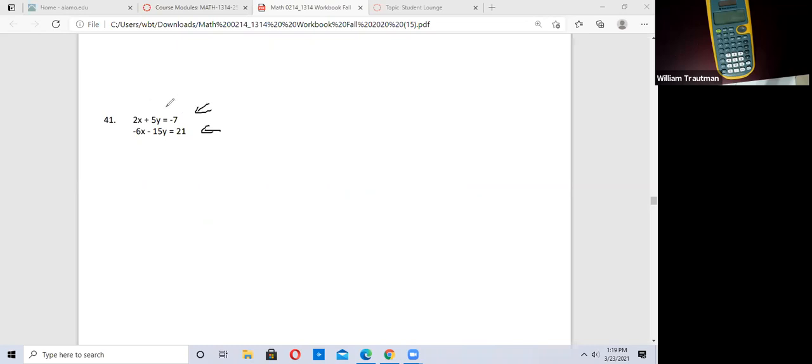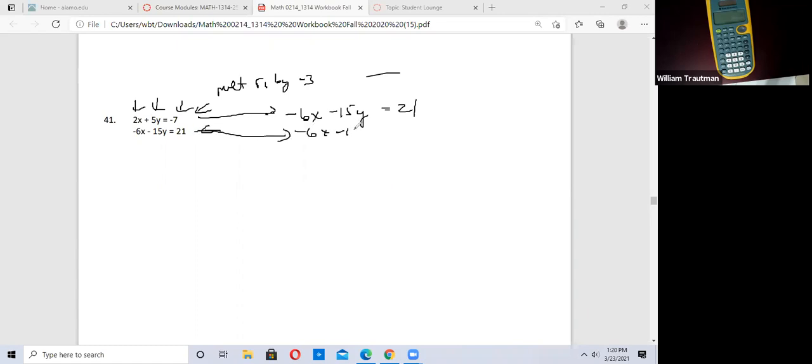If I multiply row 1 by -3, 2 times -3 is -6. 5 times -3 is -15y. -7 times -3 is +21. Do you see, if I multiply that top row by -3, I get the exact same thing as the bottom row. If you get the exact same thing, then there are many solutions.